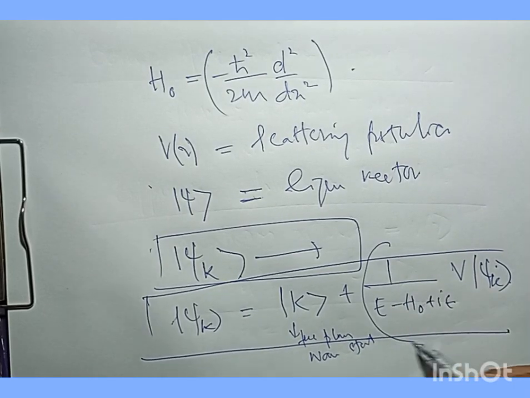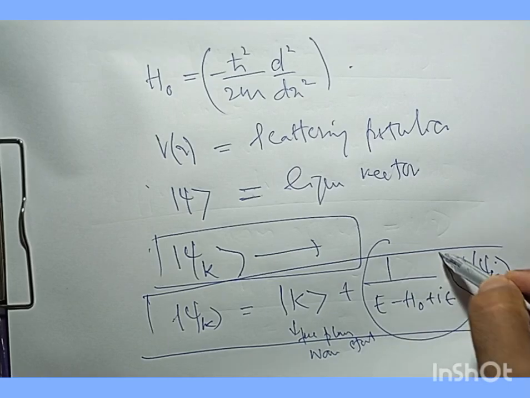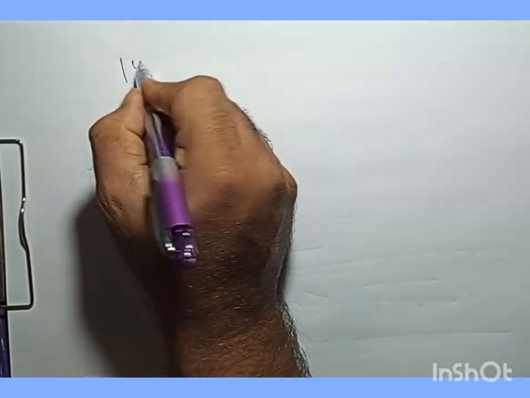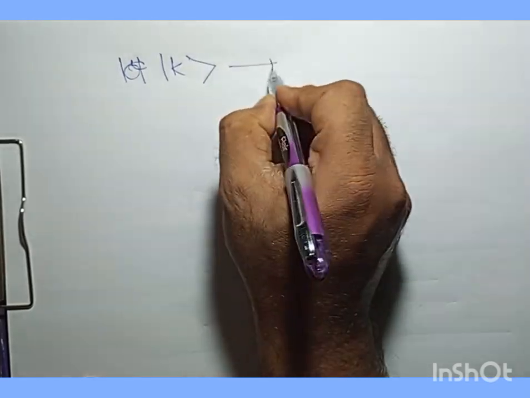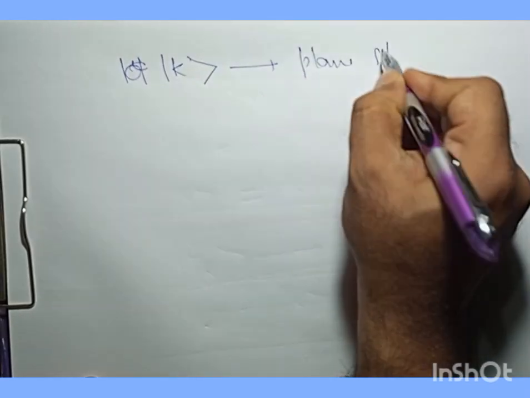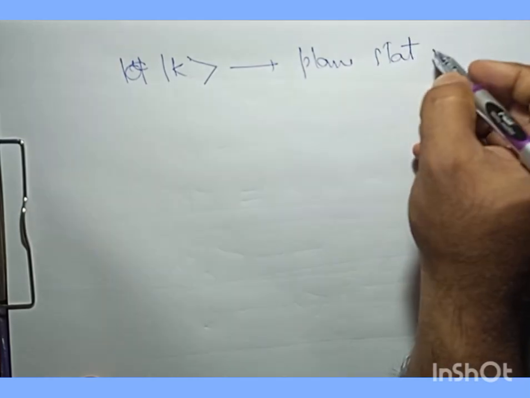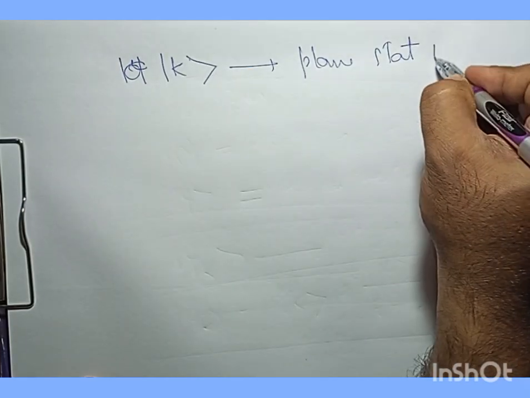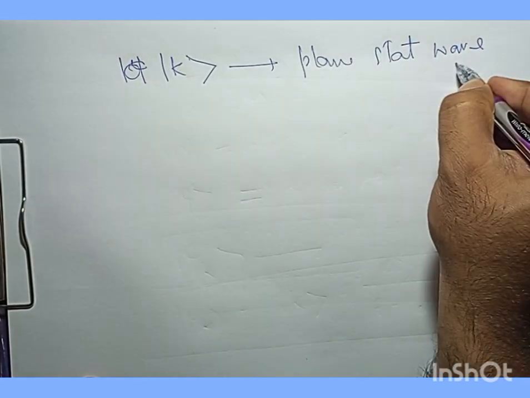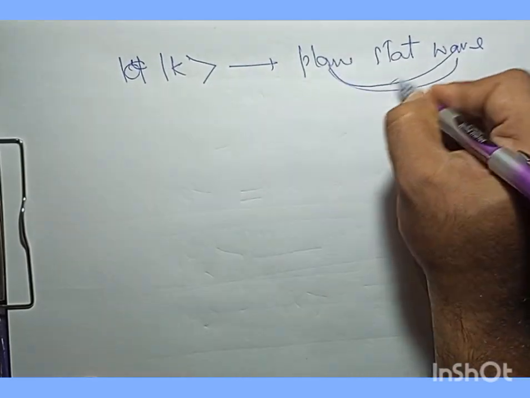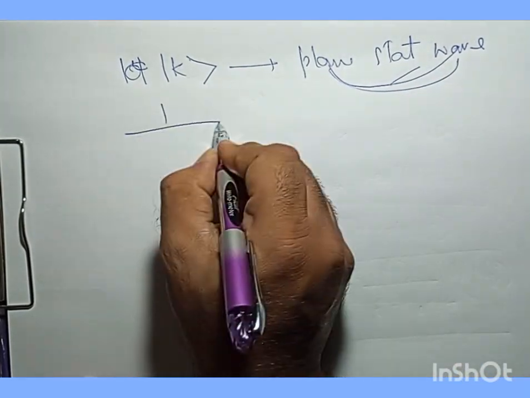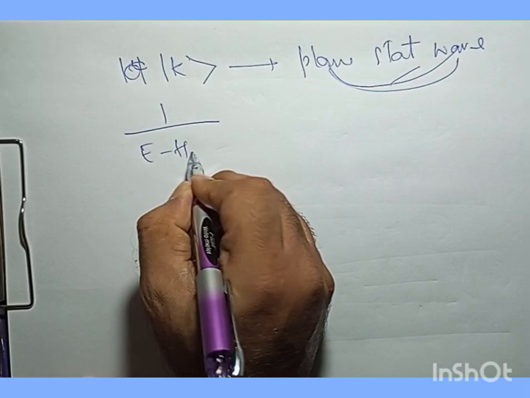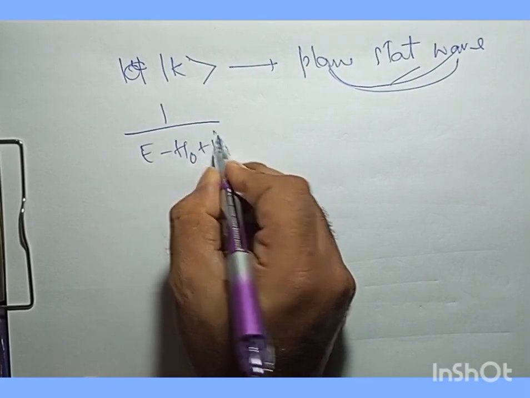So I should write here, this is my plane wave state. Okay, and then the next term is 1 by E minus H naught plus i epsilon.